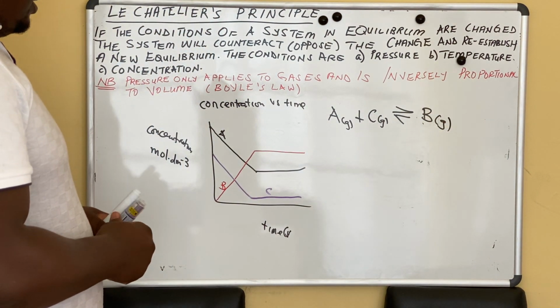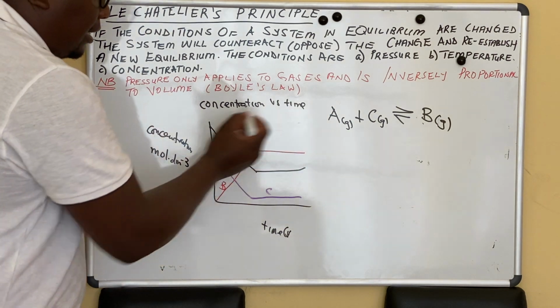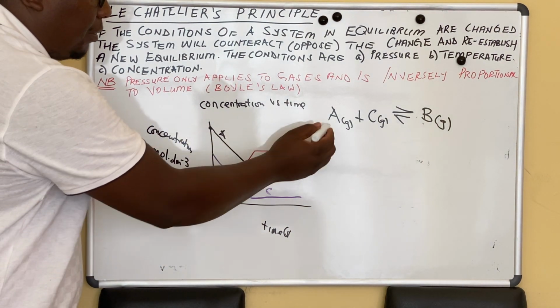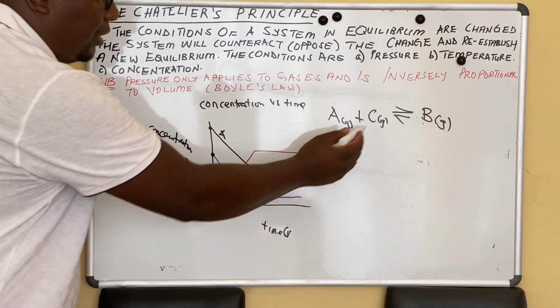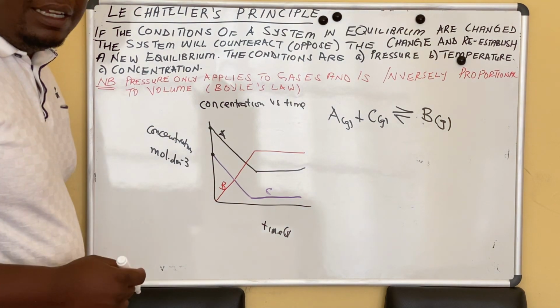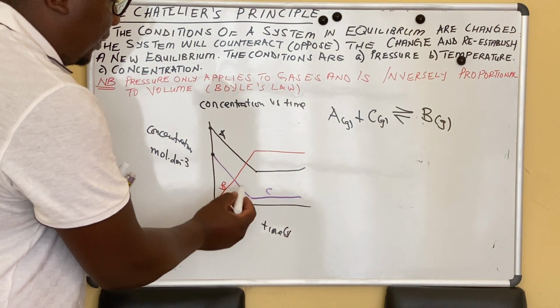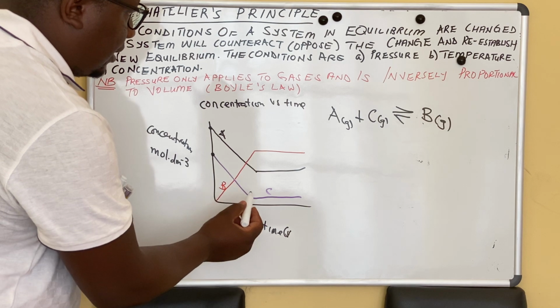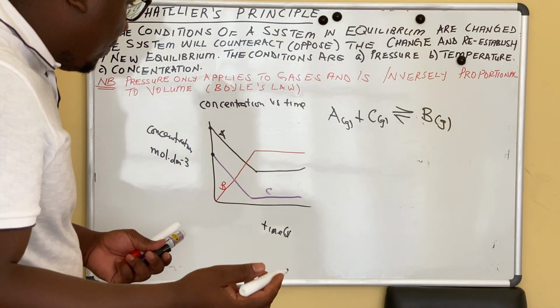From the start of the experiment, we have a certain concentration of A because it is a reactant, and a certain concentration of C because it is also a reactant. But as the reaction progresses, the concentration of these two reactants decreases while the concentration of B increases because it is a product.